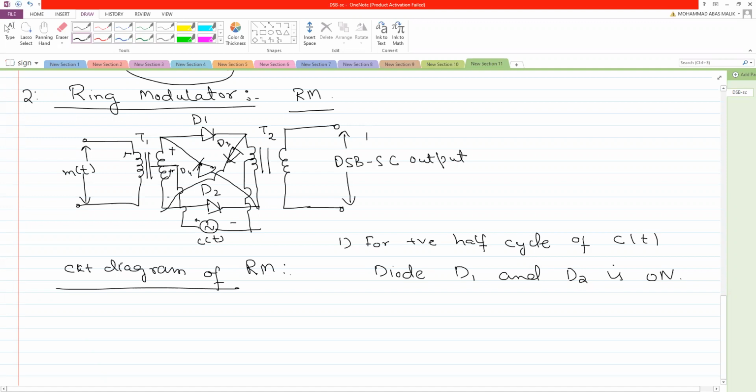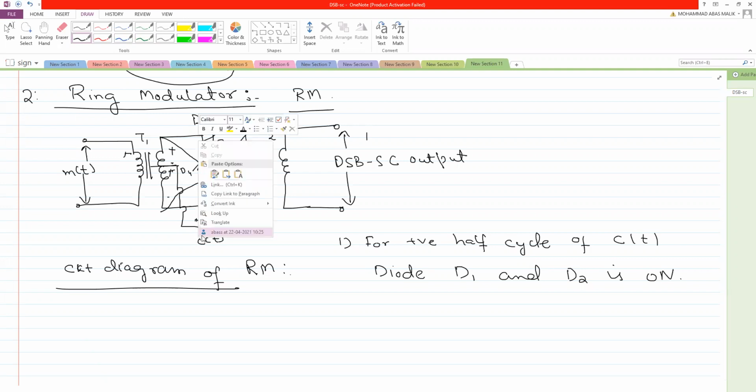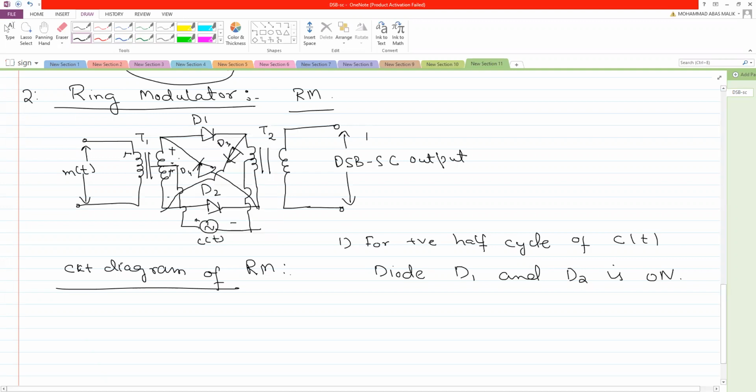This is positive and this is negative, so D1 is on because it is forward biased. Now the second one, D2, this one, since this is positive, will also be on.